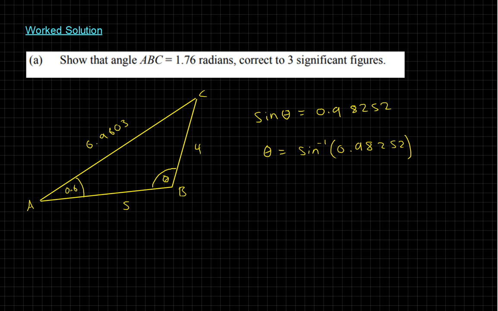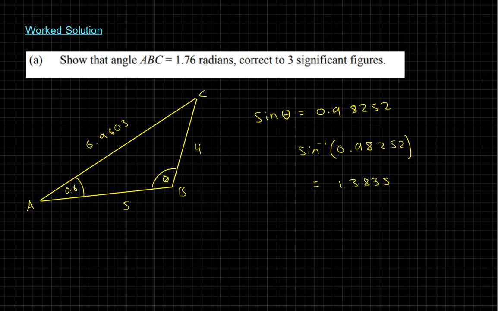So if I do sine inverse of that, the calculator is going to give me the following number. It's going to say 1.3835 approximately, right? Radians. Is that right? Yeah, that's it. Now, that angle is not necessarily the actual answer, right?